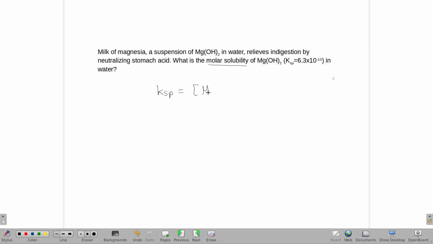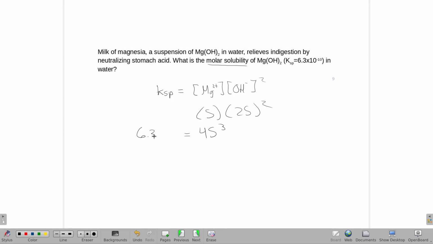Alright, so magnesium hydroxide would have a KSP equation that looks like this. In terms of the molar solubility, every single magnesium hydroxide that dissolves, there would be 1 magnesium and 2 OHs. So our KSP is going to be equal to 4s cubed, because this is going to turn into 4s squared. So 4s cubed.